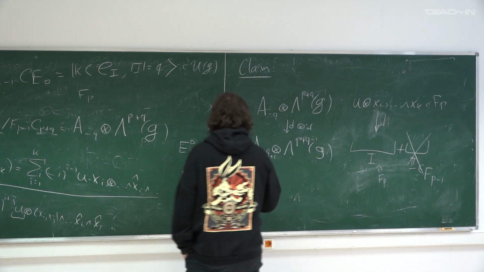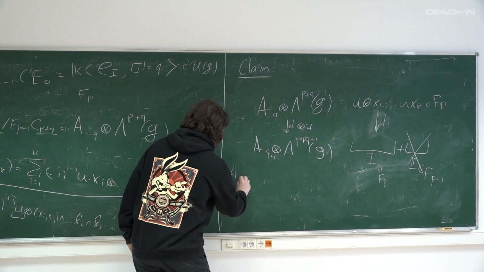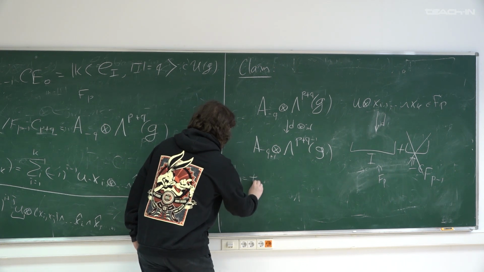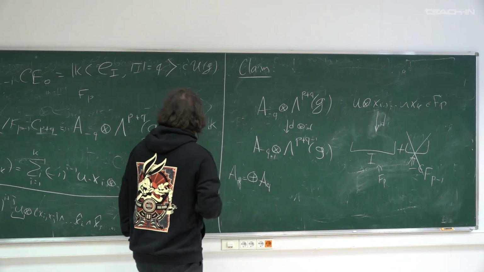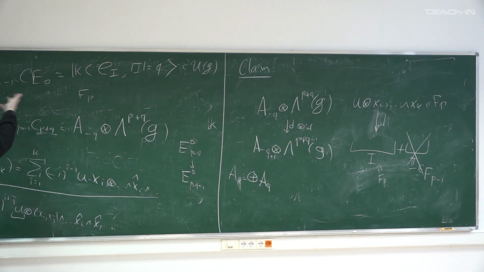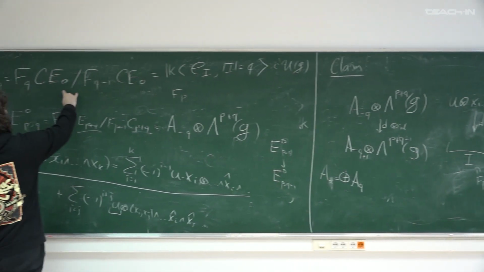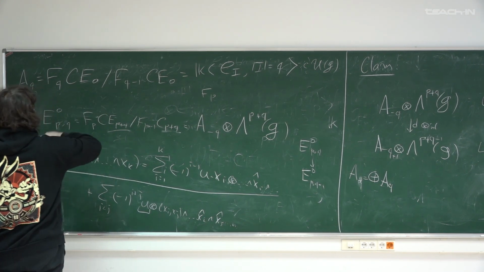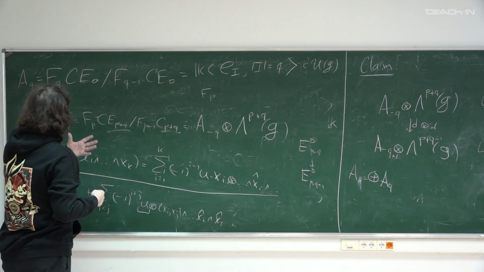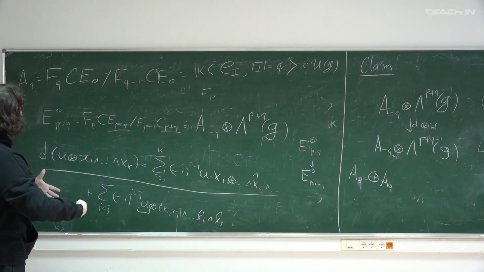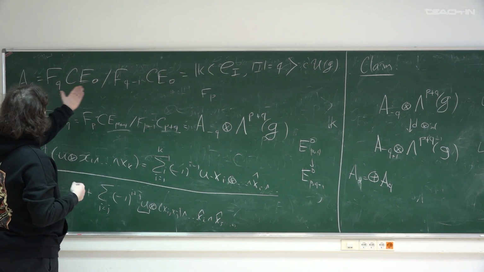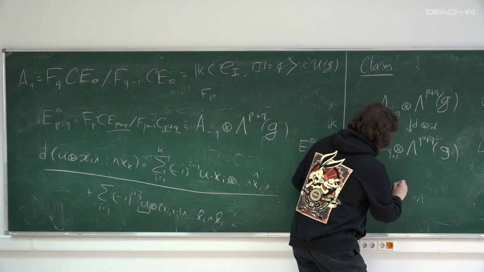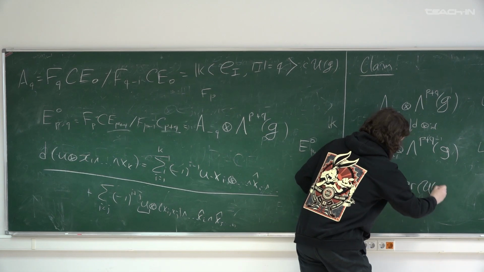If we consider A_q, A star is the direct sum of the A_q. By definition, it's just the associated graded quotients of your enveloping algebra. Your enveloping algebra is a filtered algebra, and its associated graded algebra is just A.